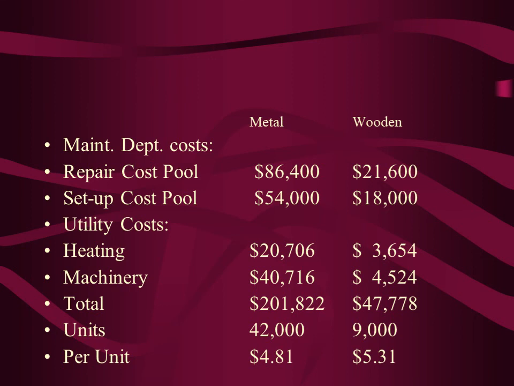And now you can see that the per unit overhead for metal cabinet is $4.81 and for wooden cabinet the per unit overhead cost is $5.31. Now this is the most accurate overhead allocation to the product.